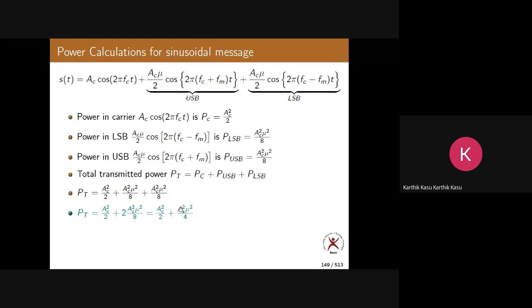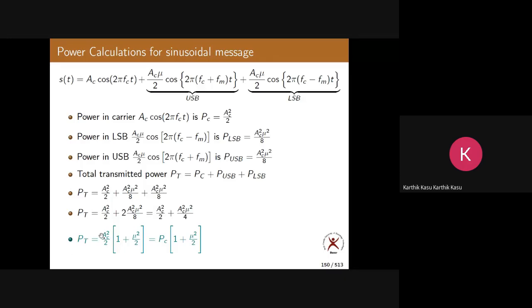It is nothing but power in LSB plus power in USB. So this is power in the sidebands, both sidebands. Simply, this is power in the carrier and this is power in the sidebands.